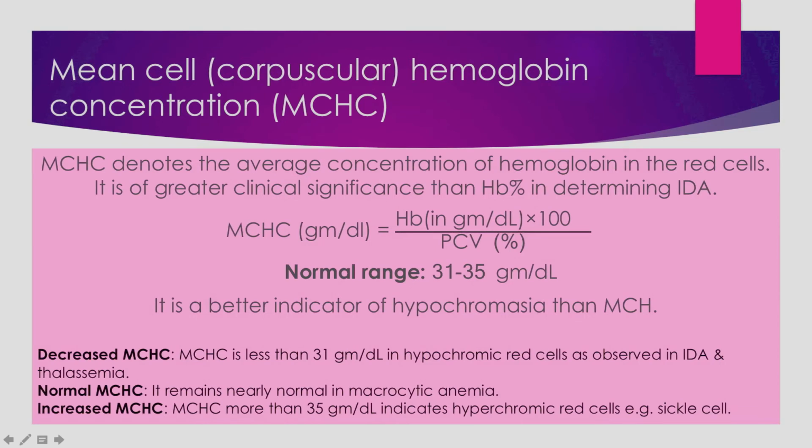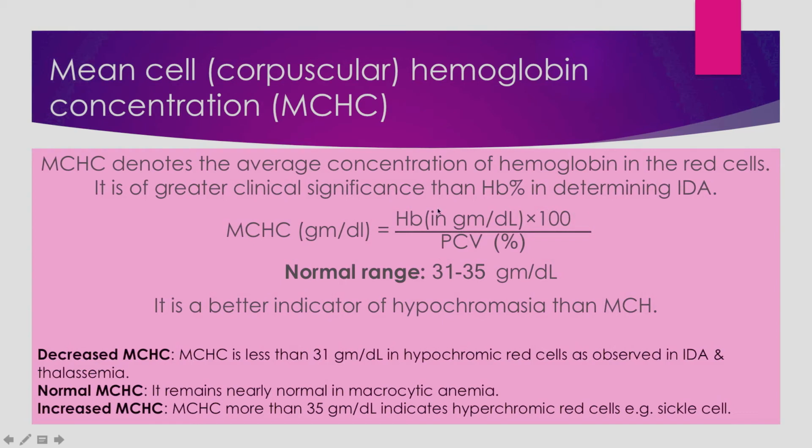Next is MCHC, mean cell hemoglobin concentration. This MCHC is a better indicator than MCH, and basically it is a modification of MCH. MCHC denotes the average concentration of hemoglobin in the RBCs, the average of all the hemoglobin in all the red blood cells.